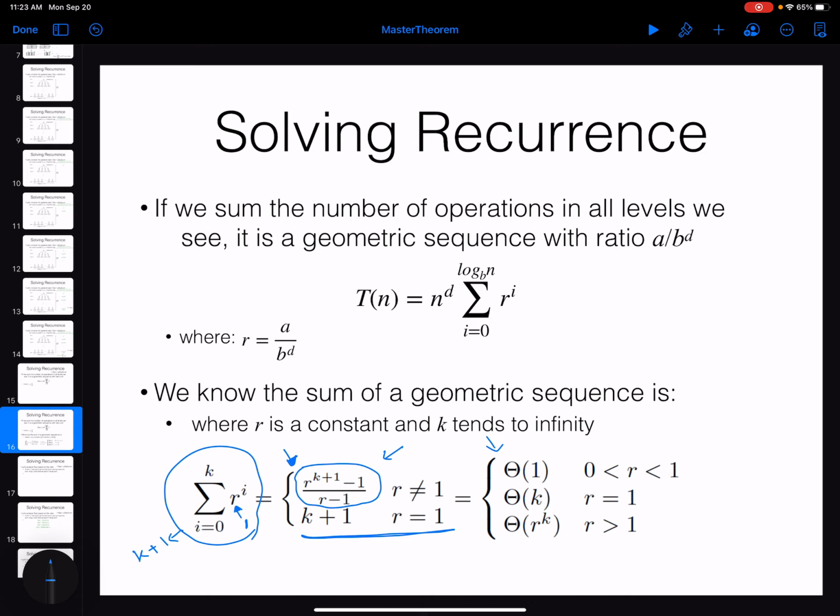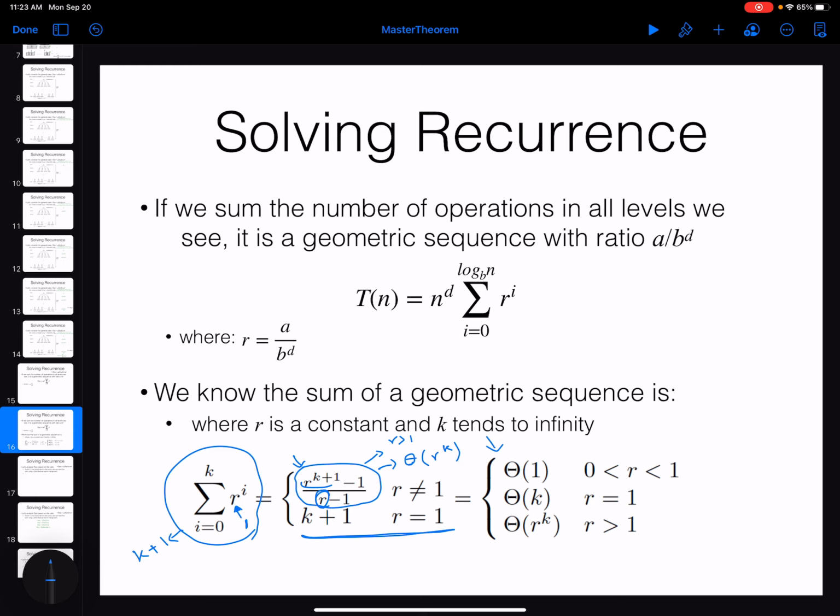Let me summarize it here. If R is greater than 1, you can see that I can simplify this formula. This is the larger term here, and you have an R here. So you can say that if R is greater than 1, this formula can be written in terms of theta of R to the power of k, right?